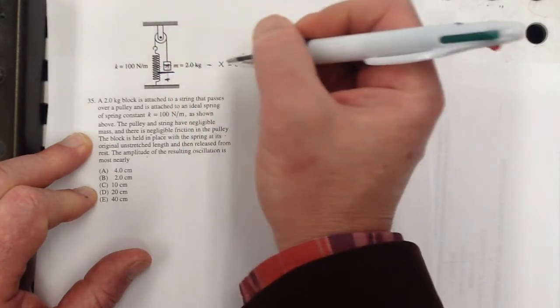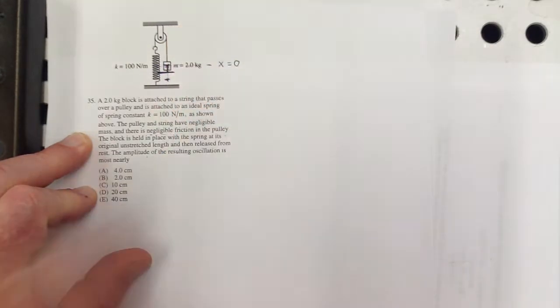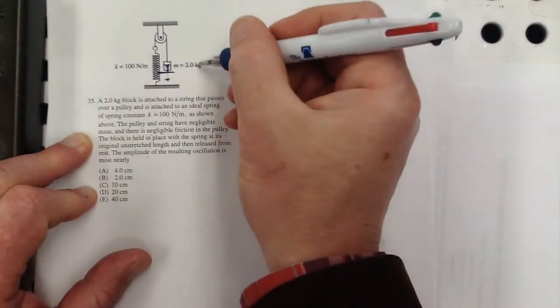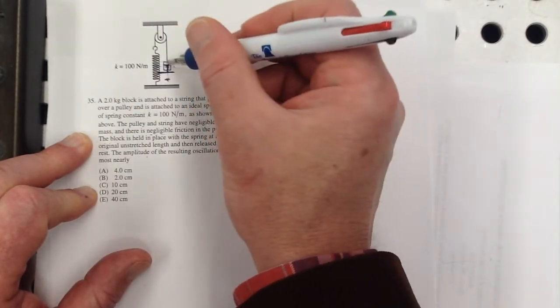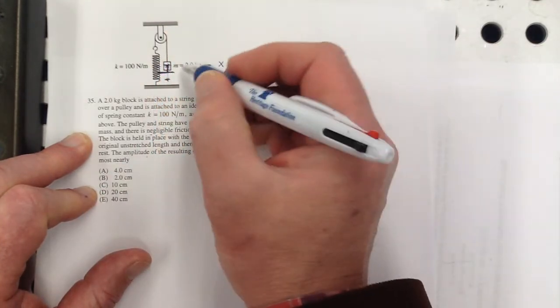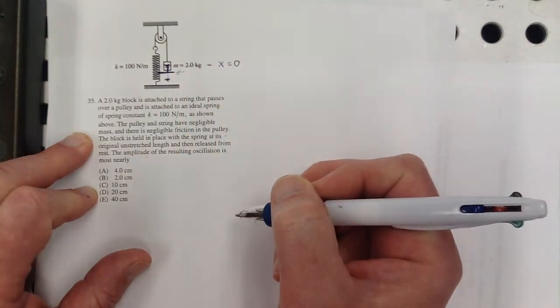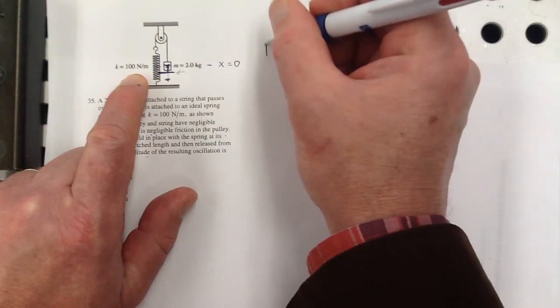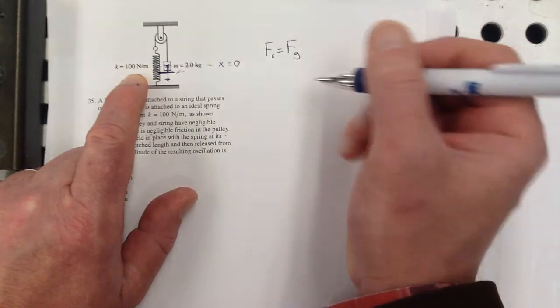Right now, this is not pulling on the spring at all. This is when the spring is just relaxed, and then I'm going to release this. If I did that very, very gently, how far would we go down to the equilibrium position? Well, the force of the spring would be equal to the gravitational force pulling down on this.